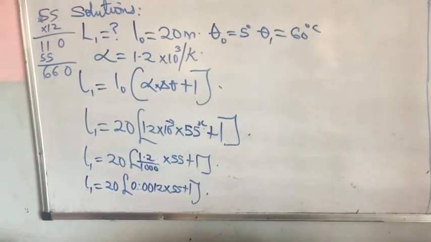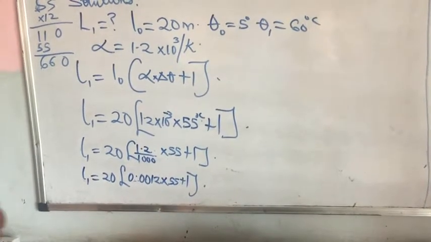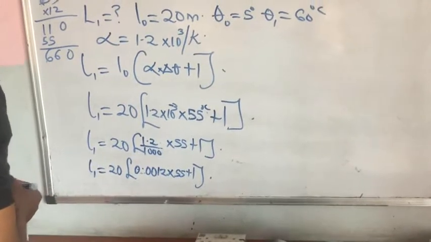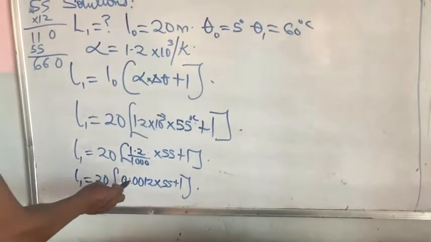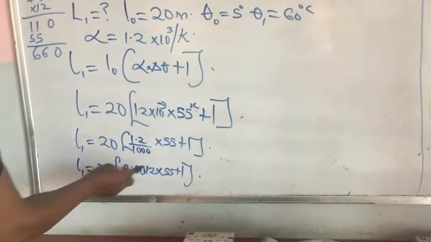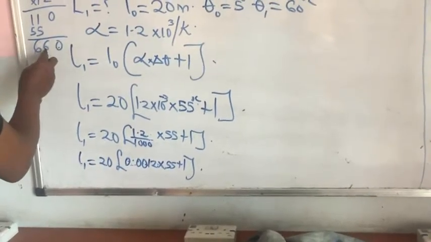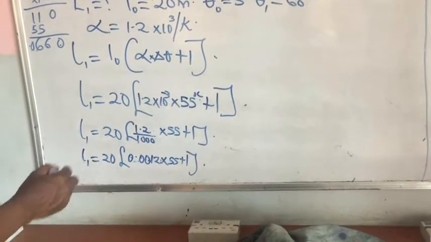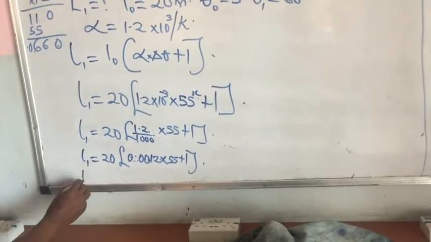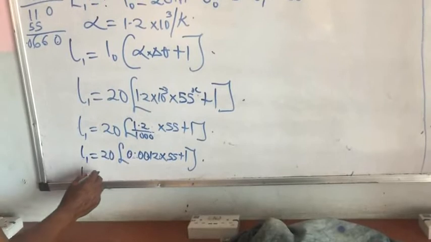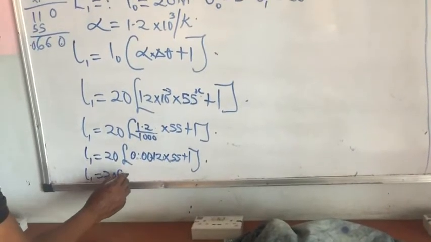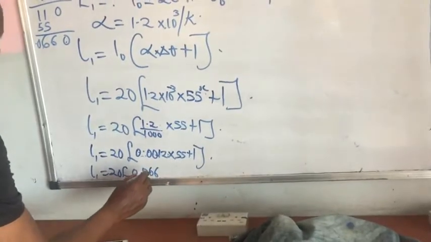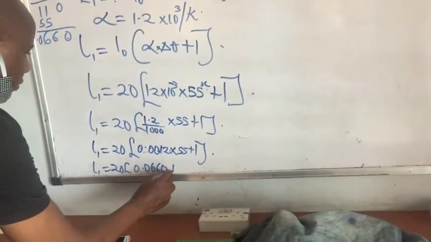So of course, the decimal places we have are 4. So L1 equals 20 bracket open 0.0660 plus 1.